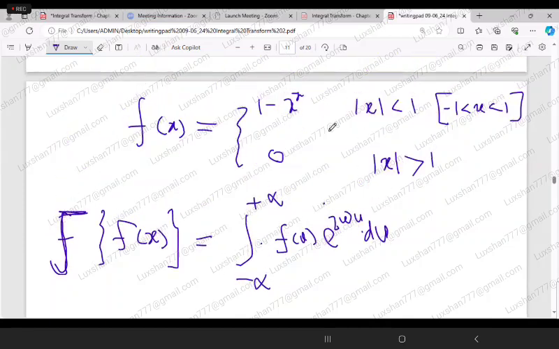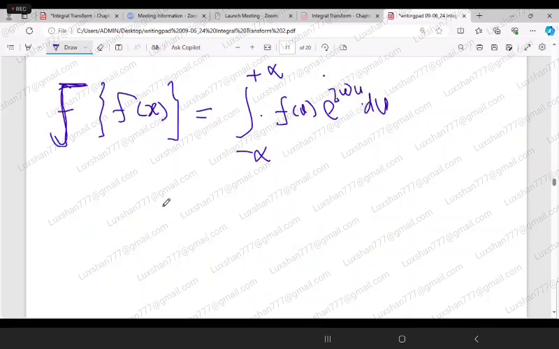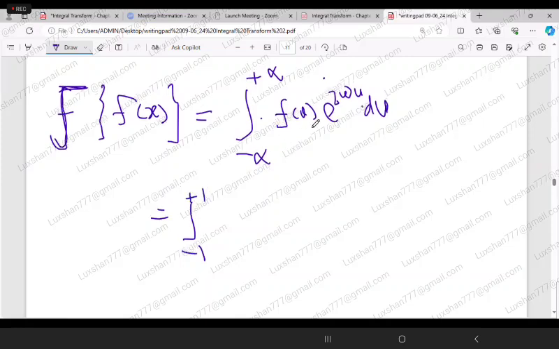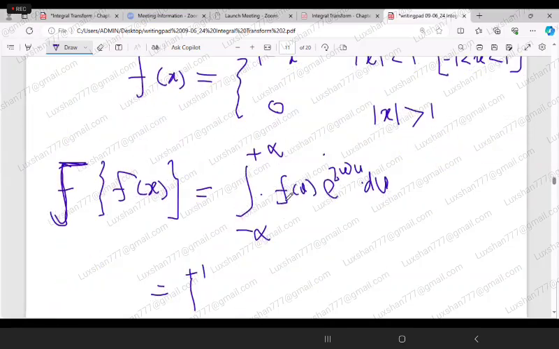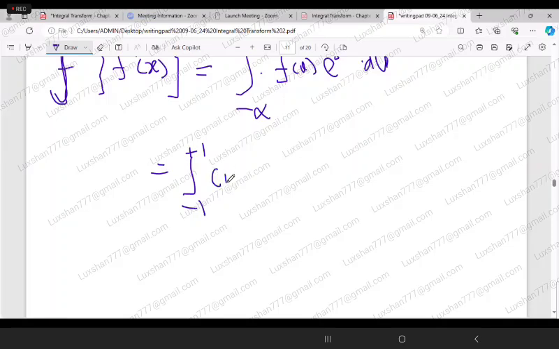Now, if you look at the function, only from -1 to +1 is the function 1 minus x squared. Otherwise the function is 0. Therefore, it is enough to consider that range only, -1 to +1. The function is given in x, so we have to change the variable. We can put it as 1 minus u squared.